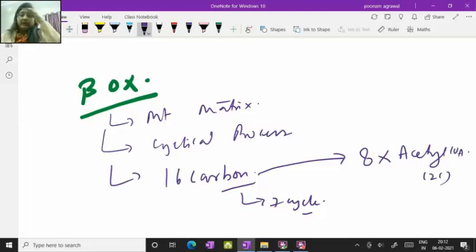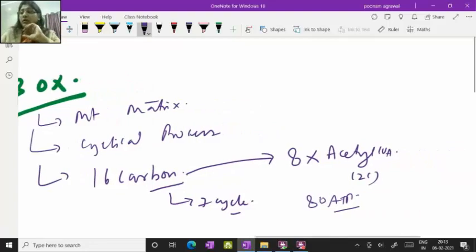Right, and the acyl CoA enters the TCA cycle, gives you 10 ATP. So for 8 molecules of acyl CoA, 8 into 10, 80 ATP are generated directly in the TCA cycle from these acyl CoA, which are produced from the 16 carbon fatty acid chain.